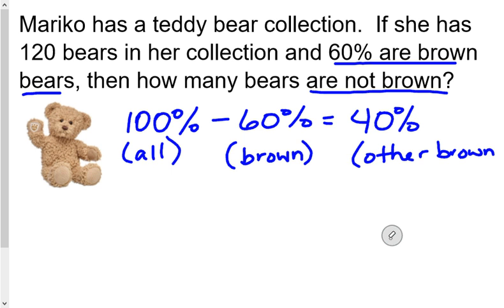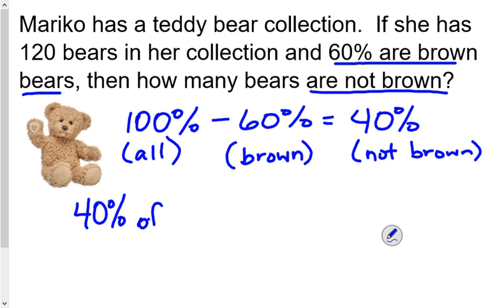Oops. Let's put not brown there. So then what I can say is how many bears are not brown? 40% of the bears are not brown.